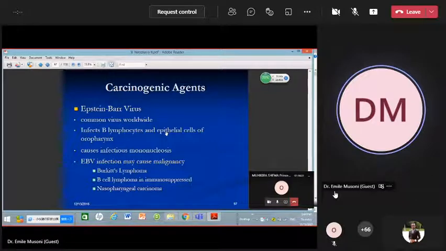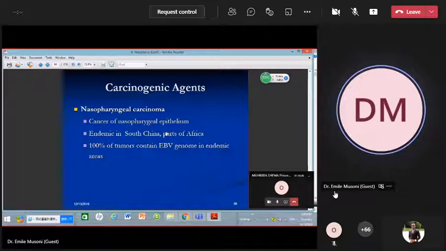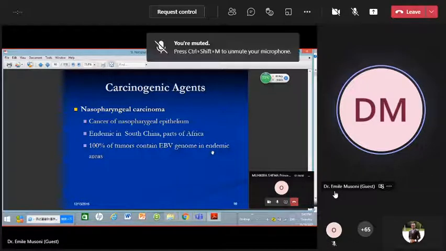EBV may cause some malignancies like Burkitt lymphoma, B-cell lymphoma in immunosuppressed patients, and nasopharyngeal carcinoma. Cancer of the nasopharyngeal epithelium is endemic in South China and parts of Africa. 100% of tumors contain the viral genome in endemic areas.